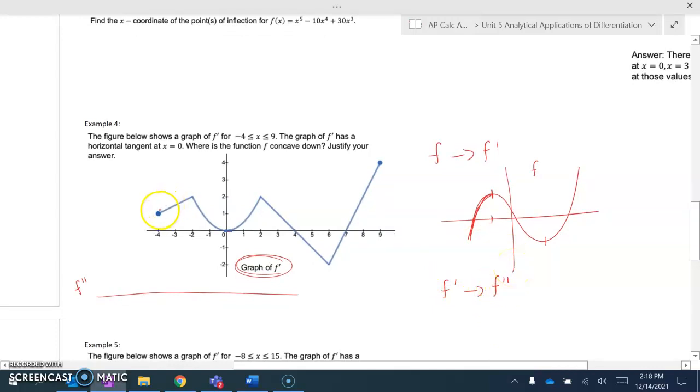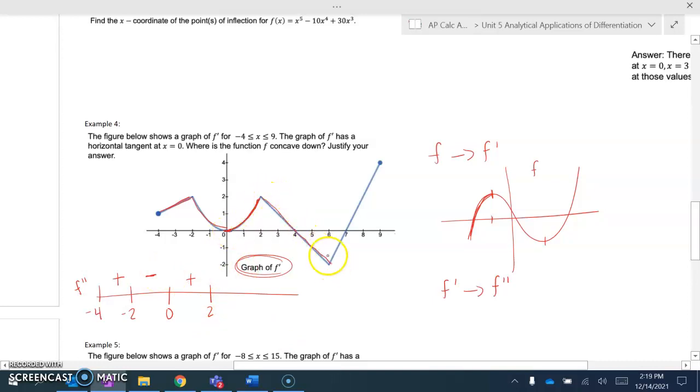Okay, so if f prime has positive slope right here, from -4 to -2, we would say that f double prime is then positive. Here you see that it has negative slope, so from -2 to 0, f double prime would be negative. Then from 0 to 2, it would be positive because this has positive slope to it.